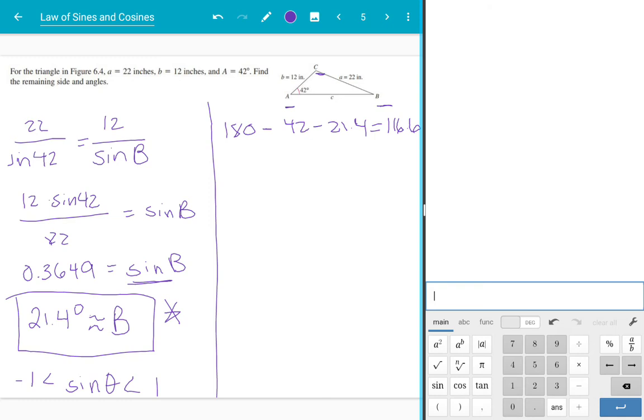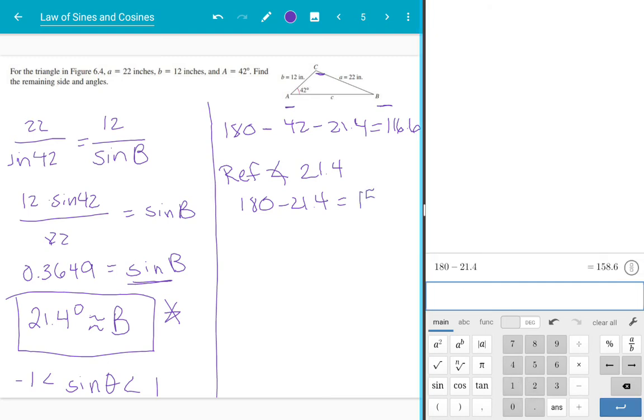So that tells me that there is a possibility that the sine of the same ratio in the second quadrant is a possibility. So what is the reference angle for 21.4 in the second quadrant? To find it, we just subtract that from 180. It's just the supplement. So that's going to be 180 minus 21.4.